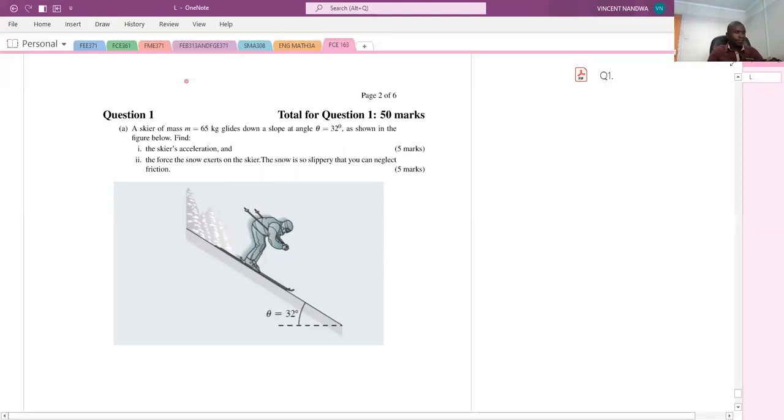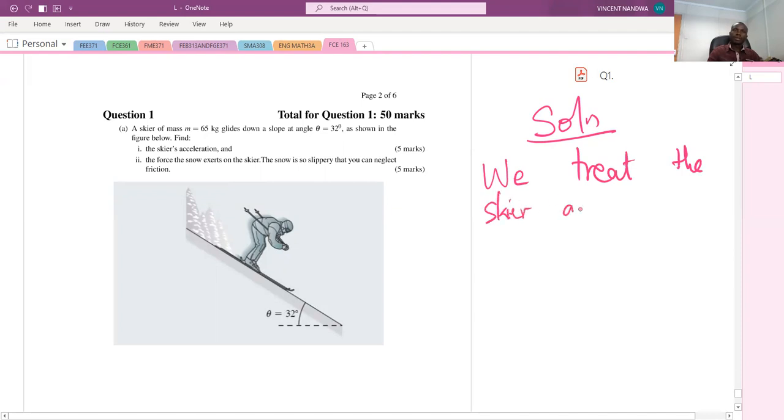So, solution. We treat the skier as an object or a particle. Then identify all the forces acting.